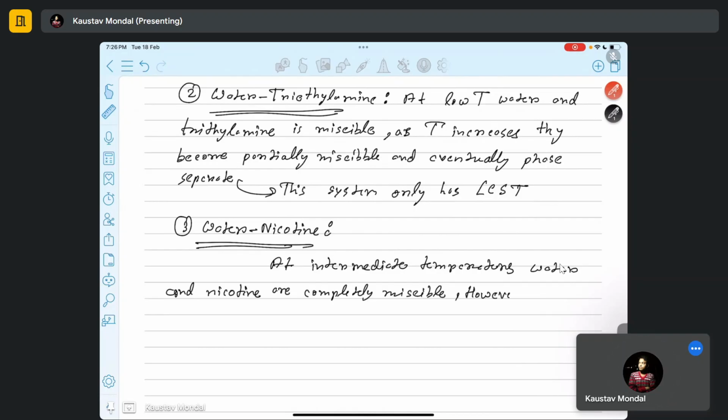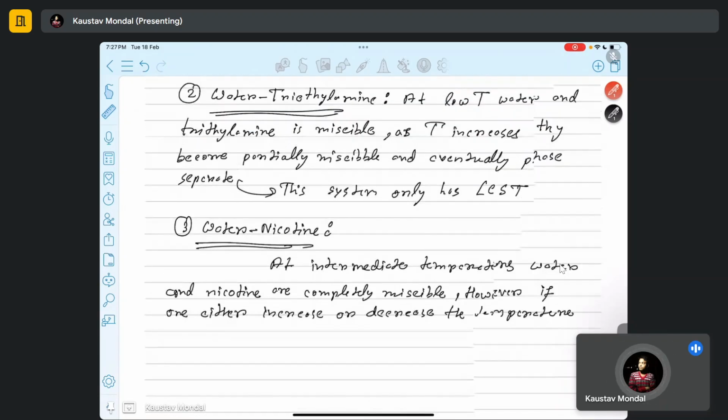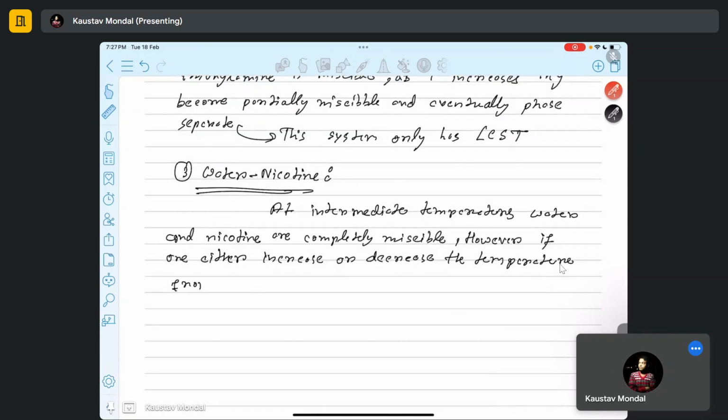However, if you increase or decrease the temperature from the intermediate range, what happens?